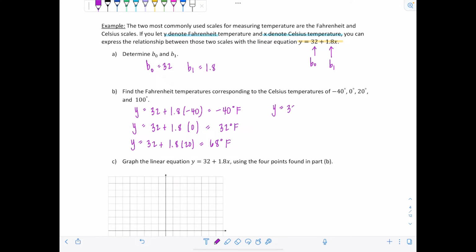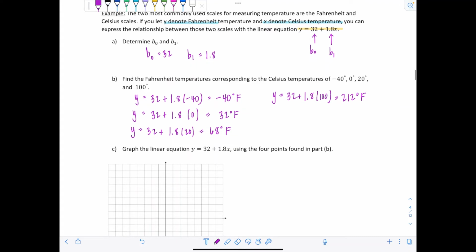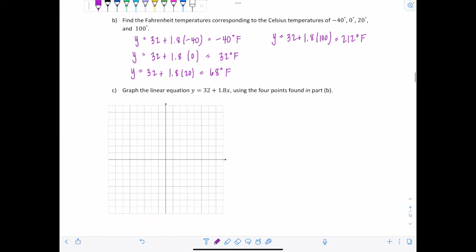Y equals 32 plus 1.8 times 100. Yes, 212 degrees Fahrenheit.